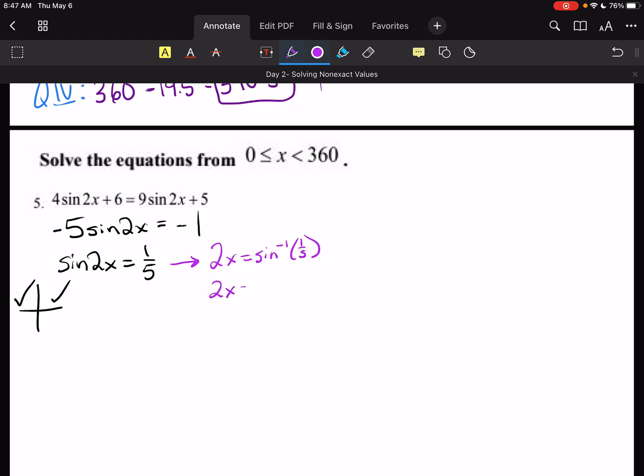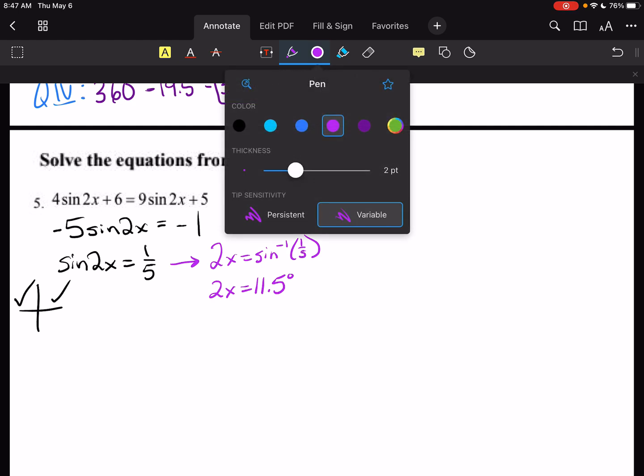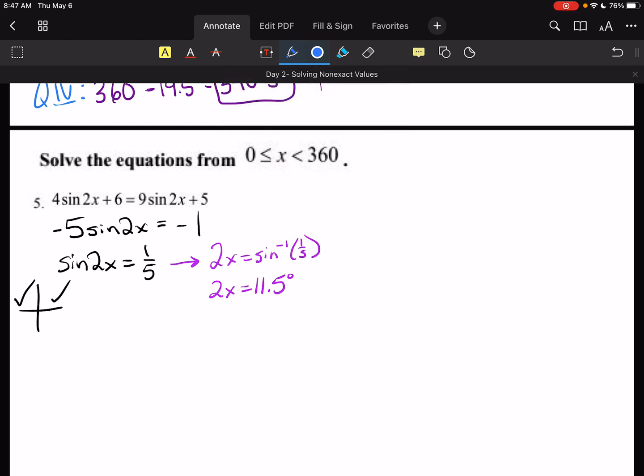So I would have 2x equals 11.5. So because I have that 2x, we need to find our angle measures in quadrant 1 and quadrant 2, but for 2 rotations. So first rotation, quadrant 1, and quadrant 2.